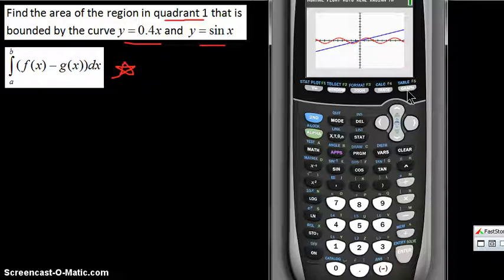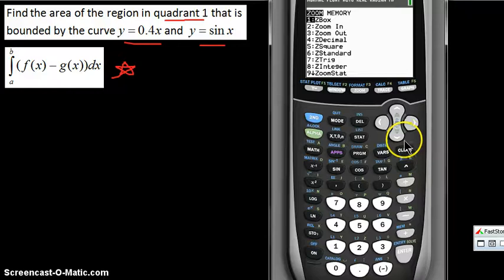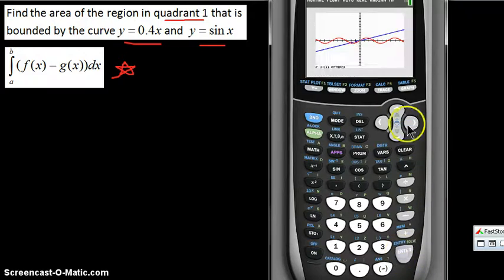We see that we're only looking at quadrant 1, and the area bounded by these two curves actually happens there. So I'm going to zoom in towards that corner. I'm going to use the zoom box so that I can draw a box and zoom into the area that we actually want to see.